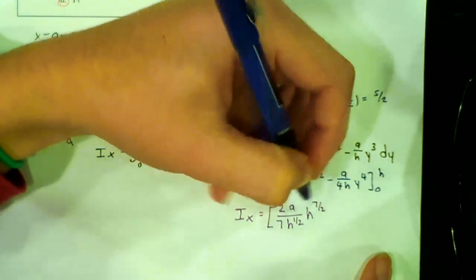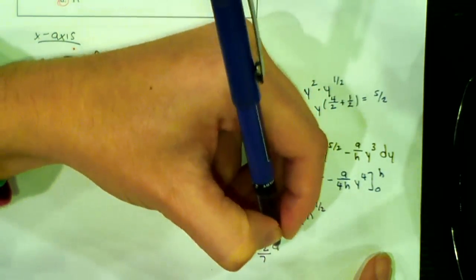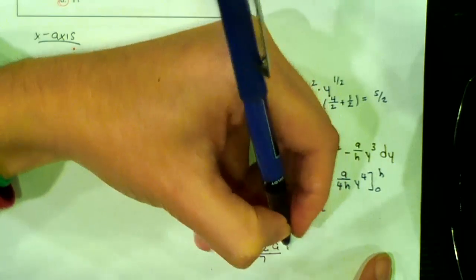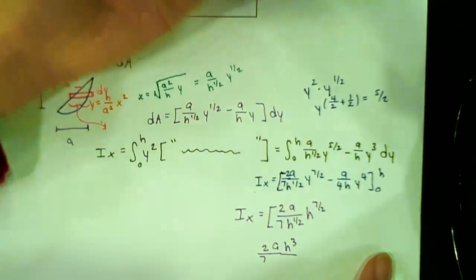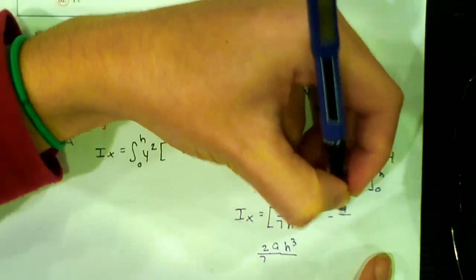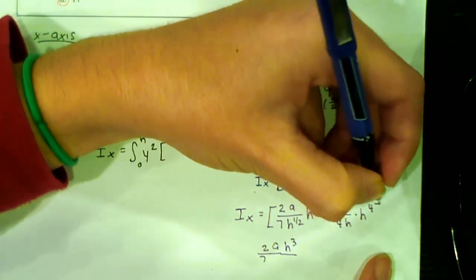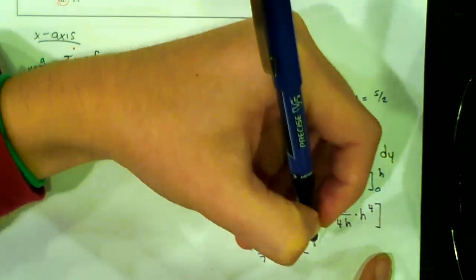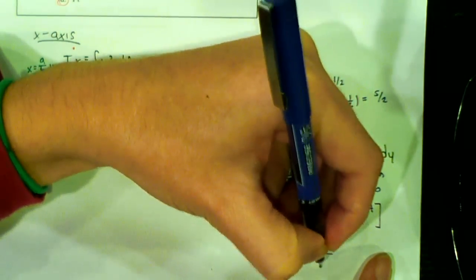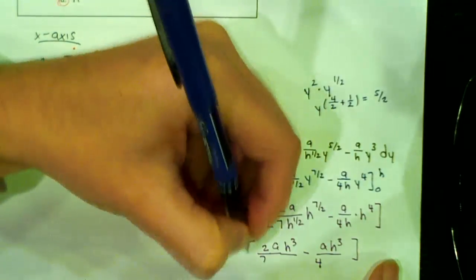So I'll write that on the next line. 2 over 7a, and we said that's h to the 3. And then this is minus a over 4h times h to the 4, which becomes h to the 3. So minus a over 4, and that's that loveliness.